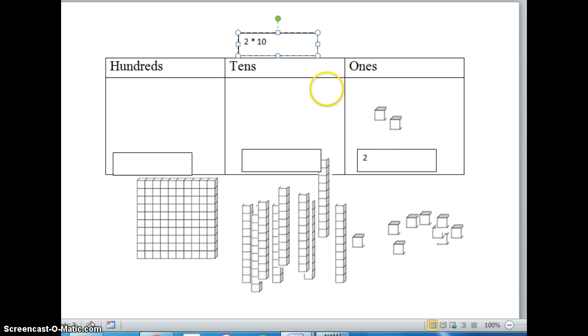I know that I'm just taking it and moving it into that tens place value. I have 2 groups of 10. That's why 2 times 10 is 20, because 20 literally means two groups of 10, no groups of 1. My two ones become two tens.